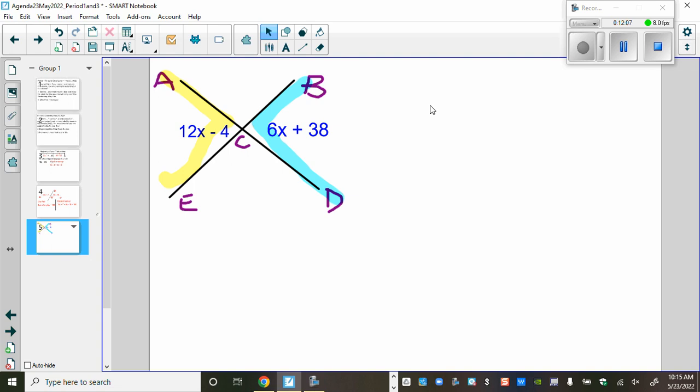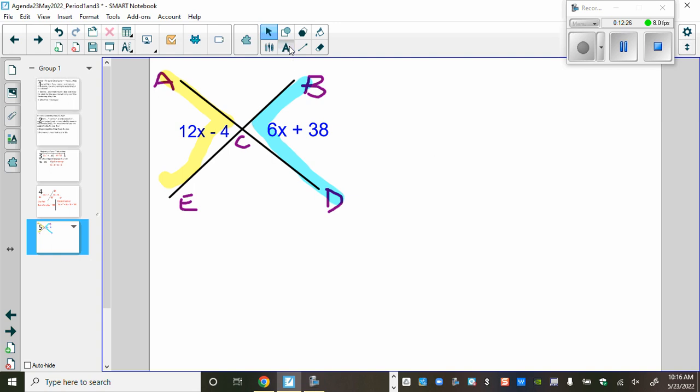What's another word for these two angles? It begins with a V, V as in Victor. Vertical angles. There we go. That's the ticket.